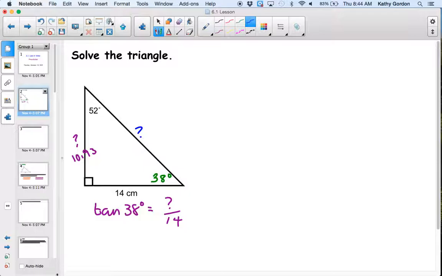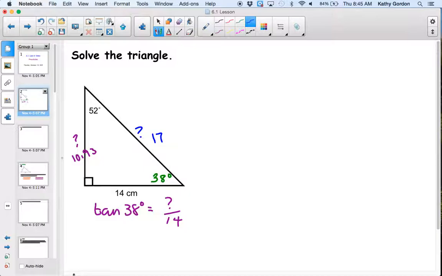We could do cosine of 38 and say that that has to be 14 over x. We could do sine of 52 and say it's 14 over x. So there's lots of different possibilities there. So pick one and find our hypotenuse. What do you get? 17. So everybody's getting about 17?